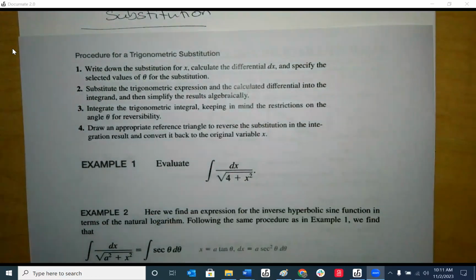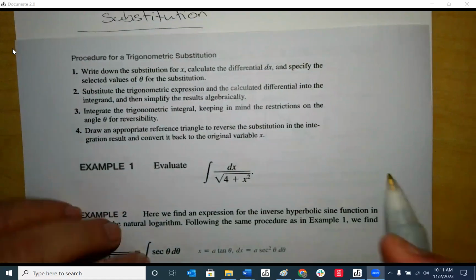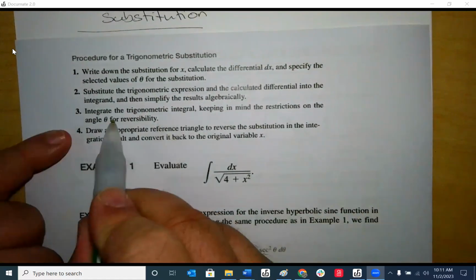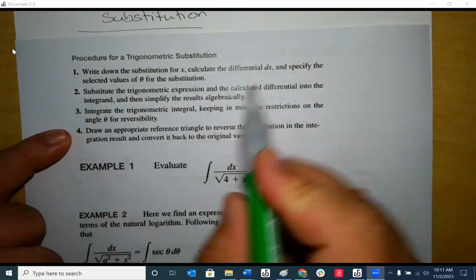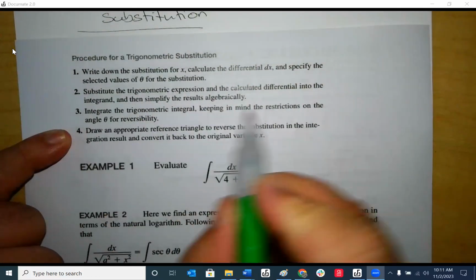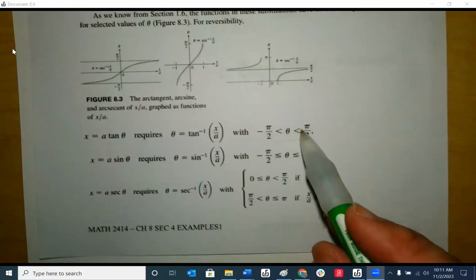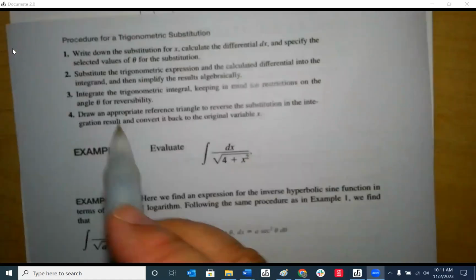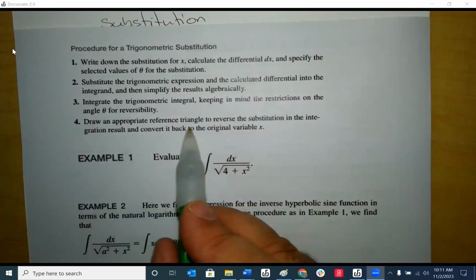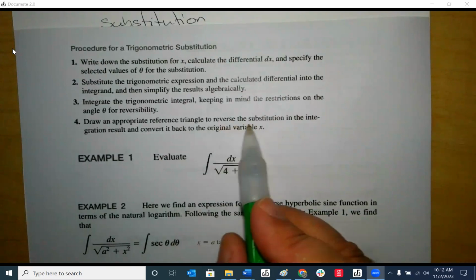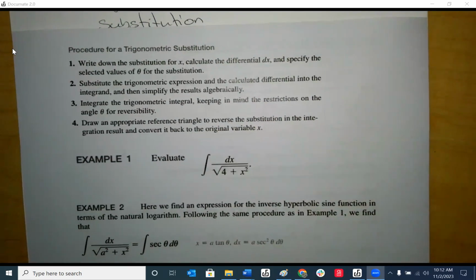All this stuff sounds pretty difficult, but it's actually really straightforward once we do the first example. Integrate the trigonometric integral, keeping in mind the restrictions on the angle theta, because that's what we just had earlier on this page. We had where those can occur. And draw an appropriate reference triangle to reverse the substitution. So we'll look at all these.